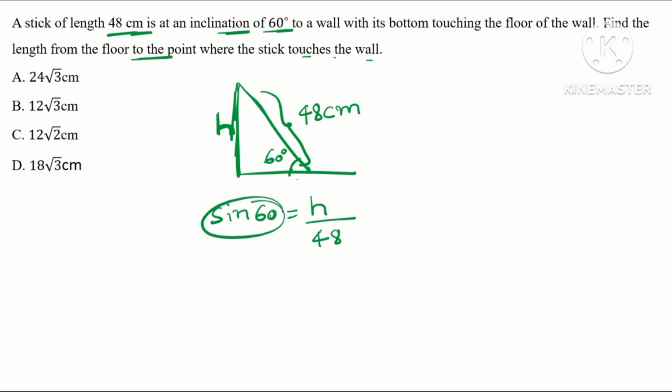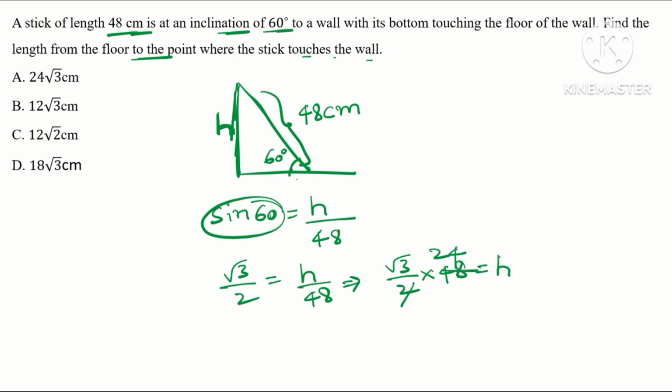Sine 60 is root 3 by 2 equals to h by 48. Root 3 by 2 into 48 equals to height. 2s are 2, 4s are. So 24 root 3 is the answer.